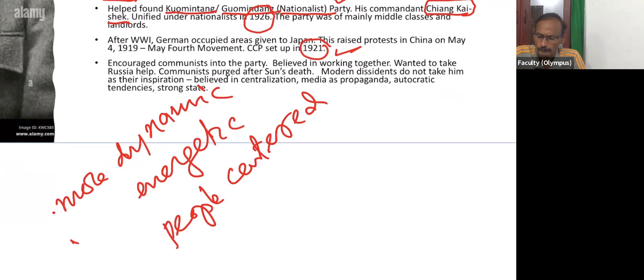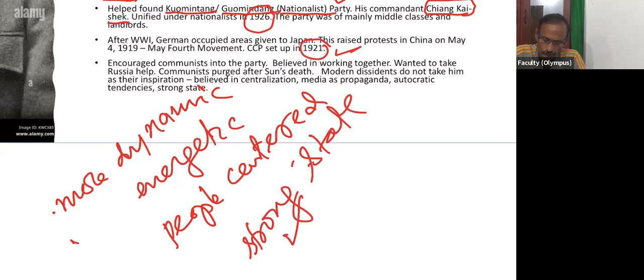And Sun Yat-sen's thinking was also somewhat closer to communist thinking, in the sense that he believed in a strong state. He said a nation should have unlimited freedom, but an individual should have limited freedom. So that is a strong state, centralization.